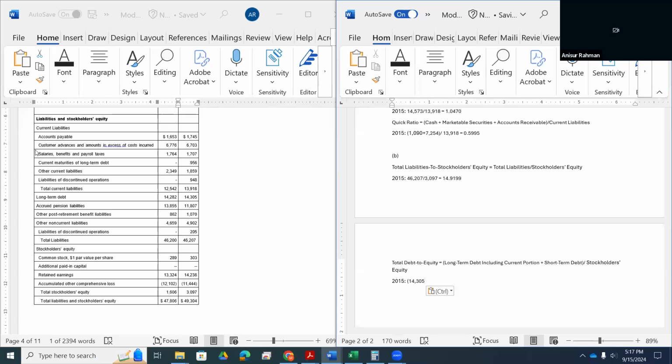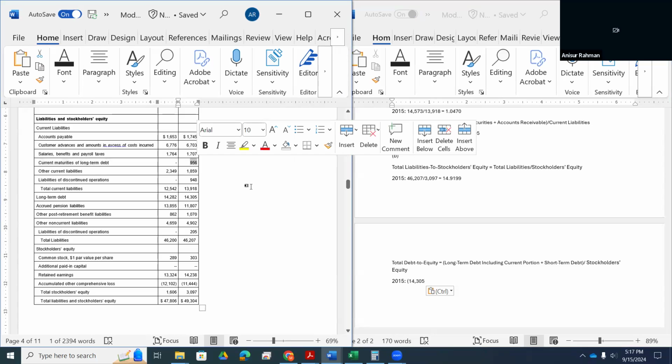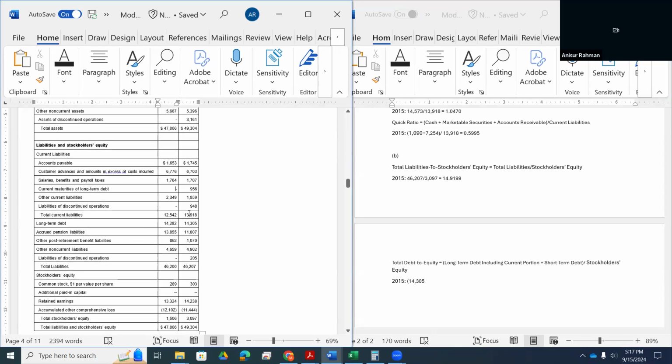So let us see if we have anything like that. So here, current maturities of long-term debt. We have 956. We do not have anything for the next year, 2016.